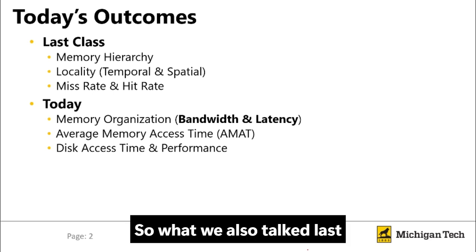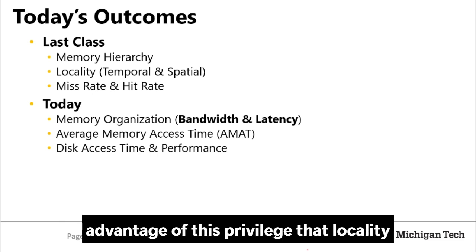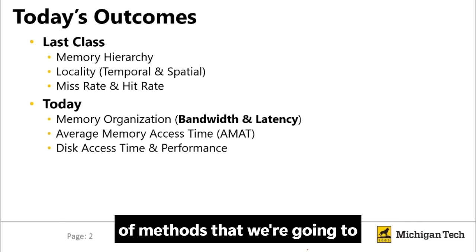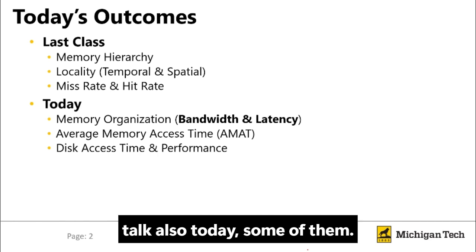What we also talked about last time was how we can take advantage of this privilege that locality gives us. There were a couple of methods that we're going to talk about also today, some of them.